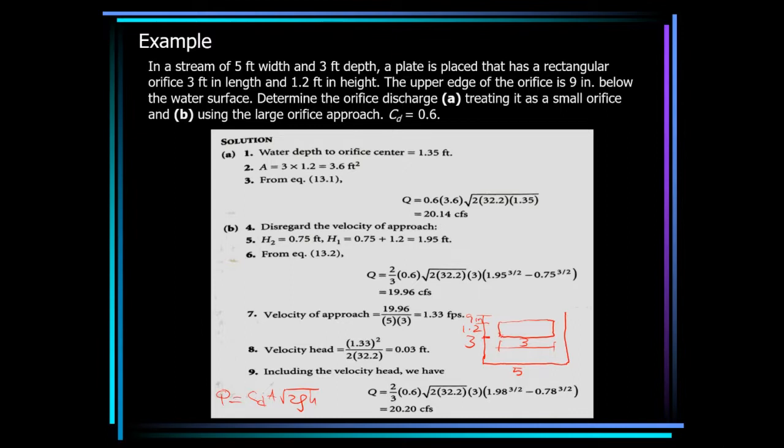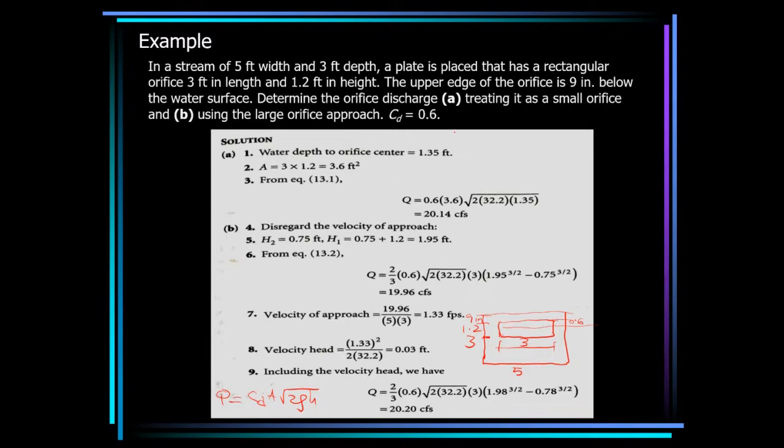H is the total head of water from the water surface to the middle of the orifice, to the midpoint of the orifice height. The total height of the orifice is 1.2, so the midpoint from here to here is 1.2 over 2, which is 0.6 feet, plus 9 inches.